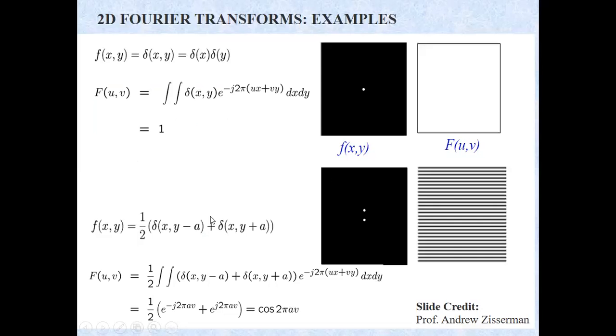Even here, this sinusoid will be cos u0 x into cos v0 y. It is not u0 x plus v0 y as I said before, because a sum in this domain will reflect, after the integral, as a multiplication in the other domain. Is that clear or not?